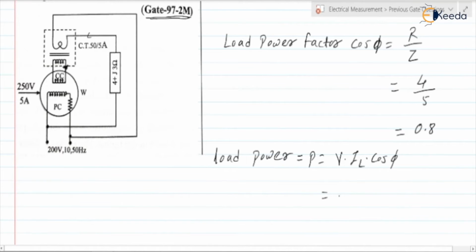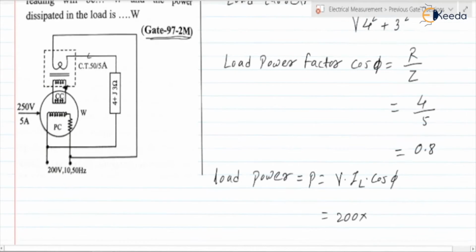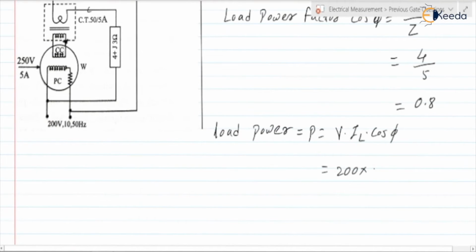So what is V? V is 200, it is given. IL we have calculated, it is 40 ampere, into cos phi, it is 0.8. So it is 200 into 40 into 0.8. So if you check, it will be equal to 6400 watt. So this is the actual power which is dissipated in the load.